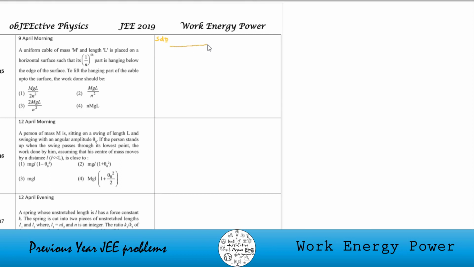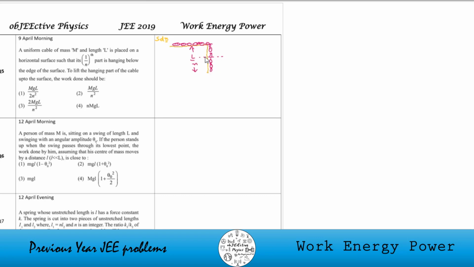Let us first assume that here a table, on the table a chain of length L is placed, and out of this a portion, that is L divided by n, L by nth part of chain is hanging from the table.